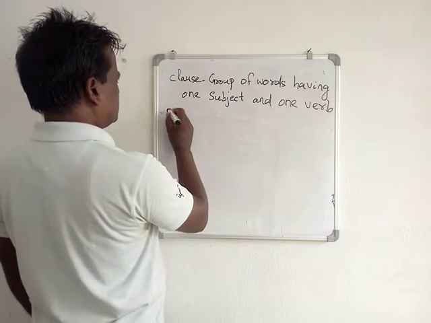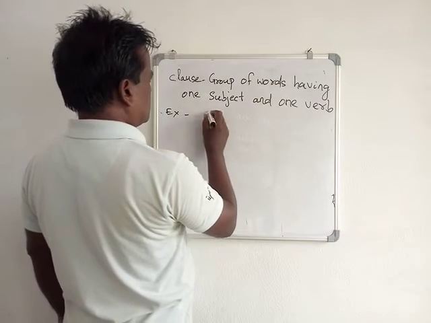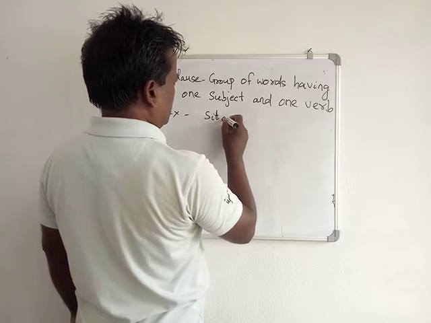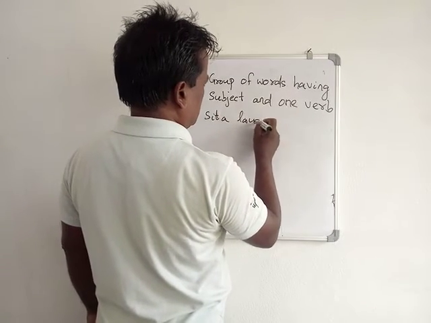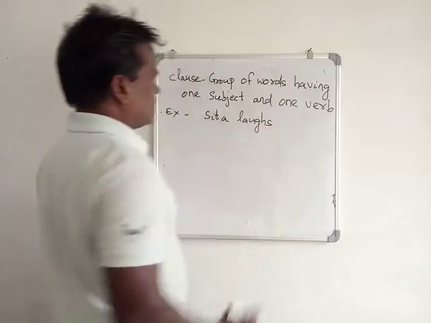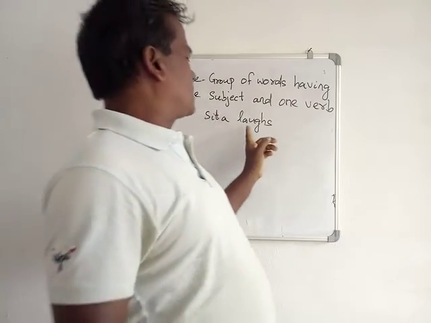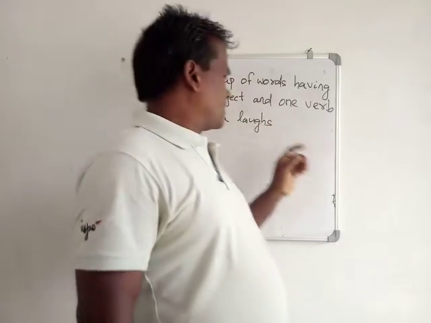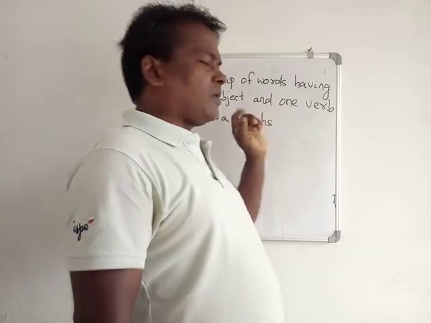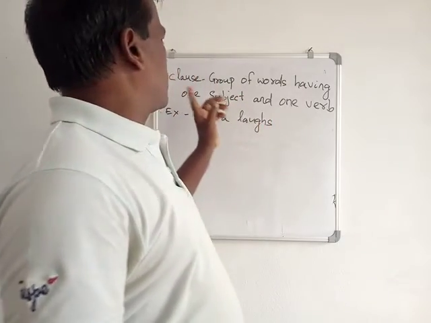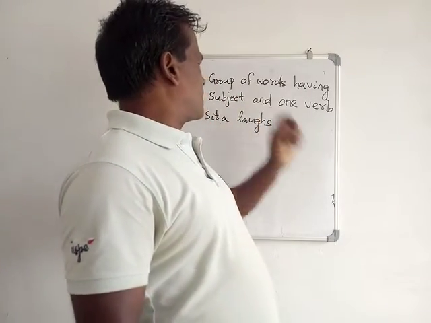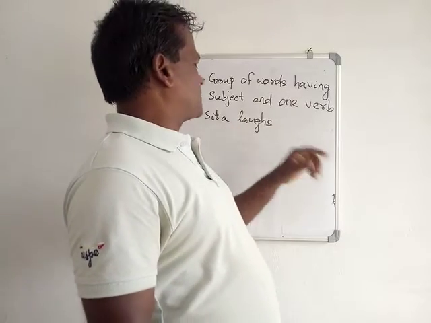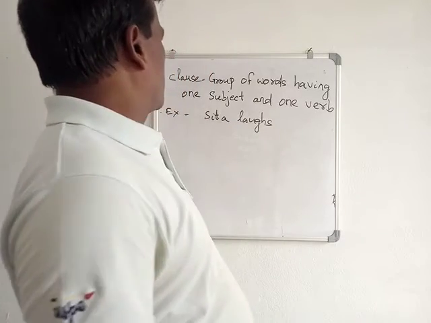Example: Sita laughs. Here Sita is the subject and laughs is the verb. One subject, one verb. In a clause there is only one subject and one verb. Sita laughs is the clause.